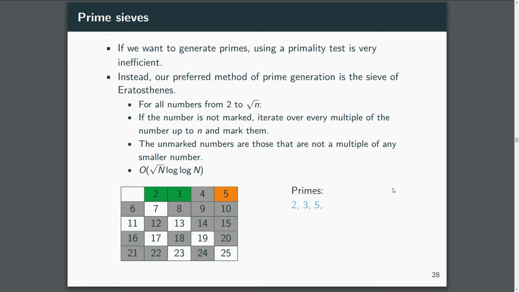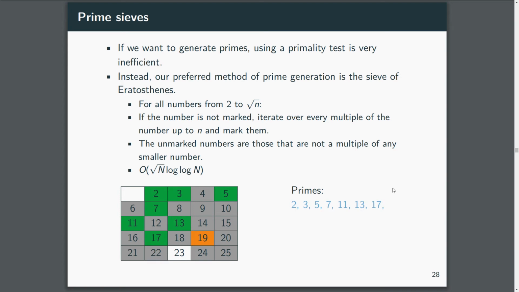Now we mark all of the multiples of 5 and then move on to the next number. 6 is marked, so we skip it and go to 7. Mark all the multiples of 7, then 11, 13, 17, 19, 23. So now we have all the prime numbers less than 25.